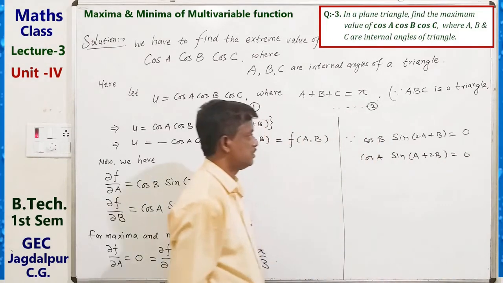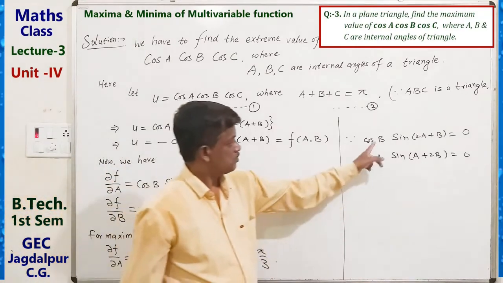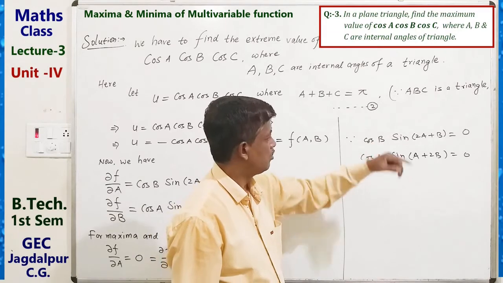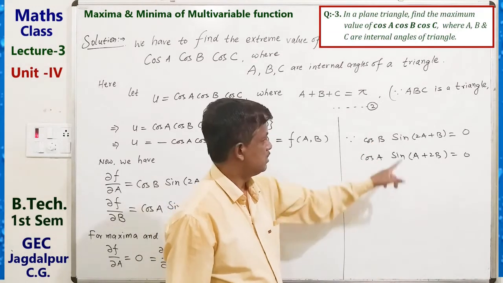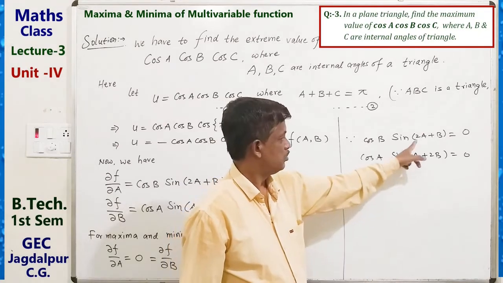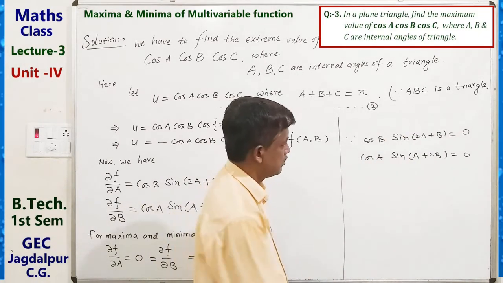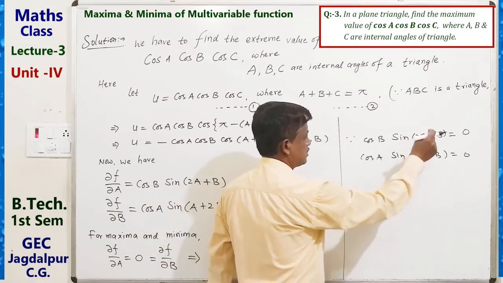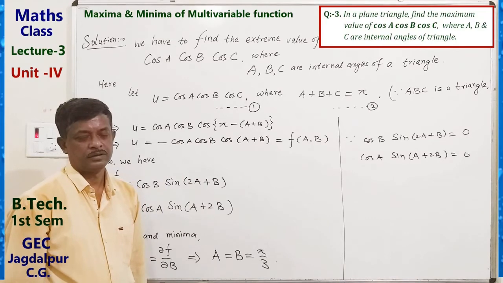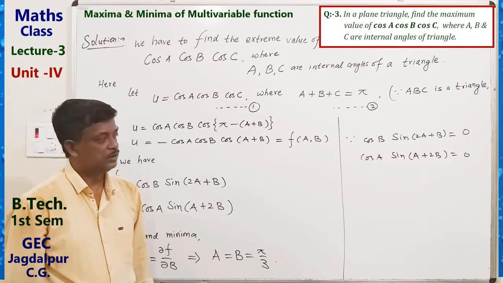That means from here either cos b equals 0 or cos a equals 0. In the case a equal to b, either this equals 0 or this equals 0: 2a + b equals 0 or a + 2b equals 0. In this case, for 0 0, it can be satisfied.